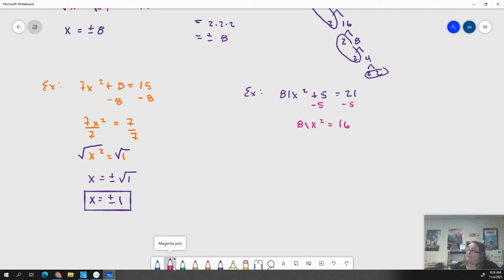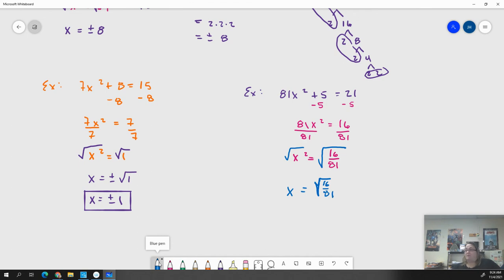Now we're going to divide out that 81 that's being multiplied to our x squared, and we get x squared equals this fraction, 16 over 81. So when I take the square root of both sides, I'm left with x equals the square root of 16 over 81.